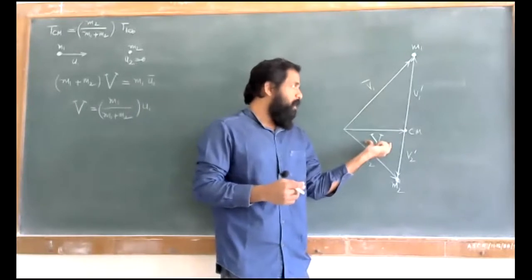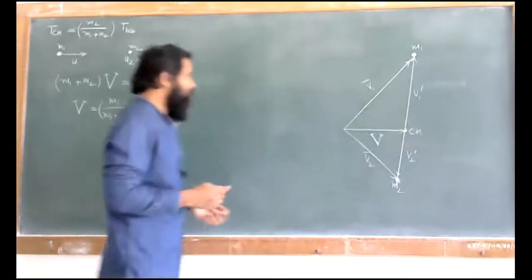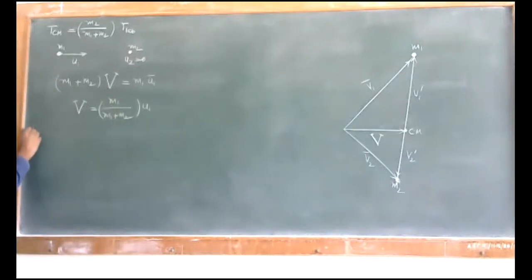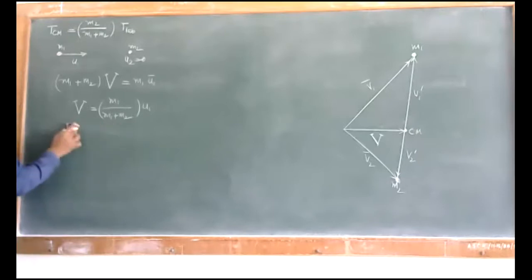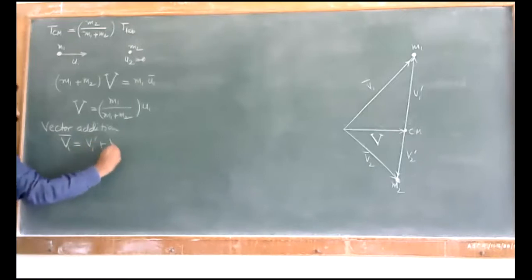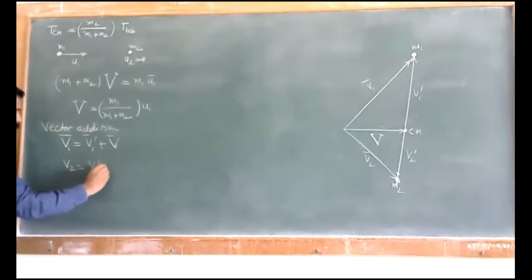According to the law of vector addition, v1 is equal to v1 dash plus V. Or you can write that v2 is equal to v2 dash plus V. So you can have these points.